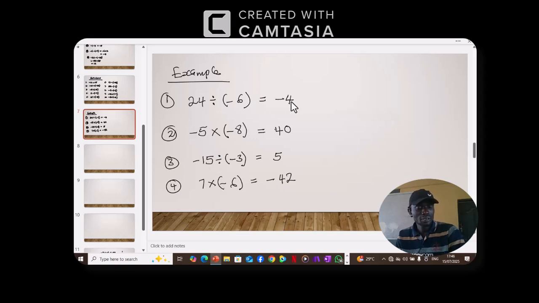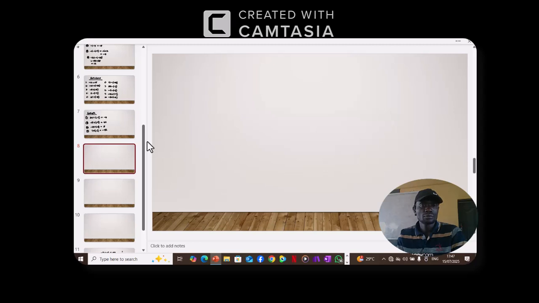Okay, let me give this one and see how you are going to work it out. Number 5: 45 divided by minus 9.